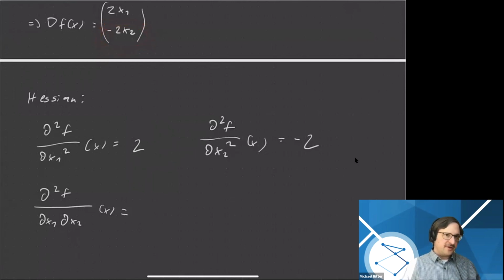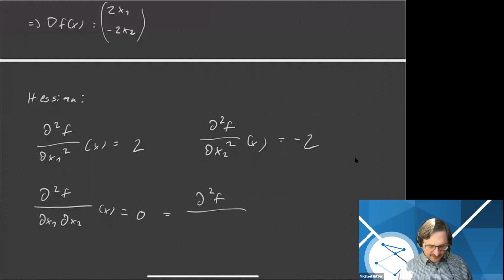Well, of course, there's no x1 in that expression, so differentiating with respect to x1 means that constant will vanish, so we get 0. That function is obviously continuously differentiable here, so that means the other mixed derivative is the same. I wanted to write it this way.